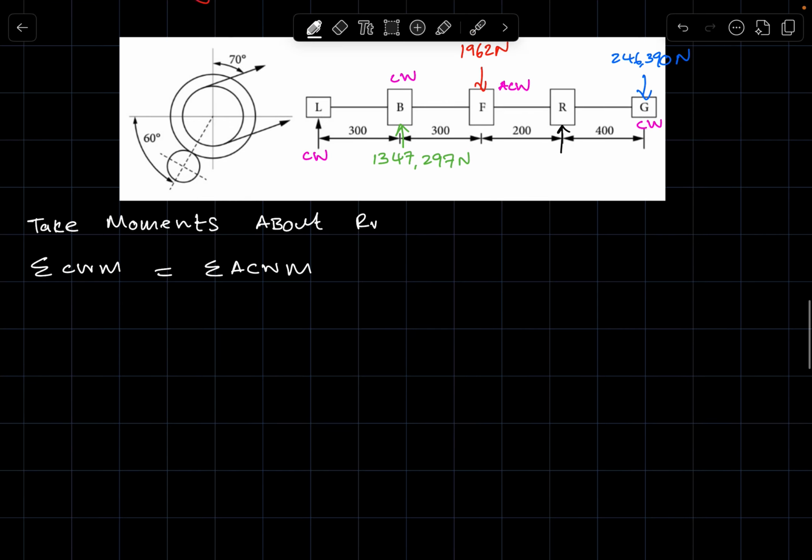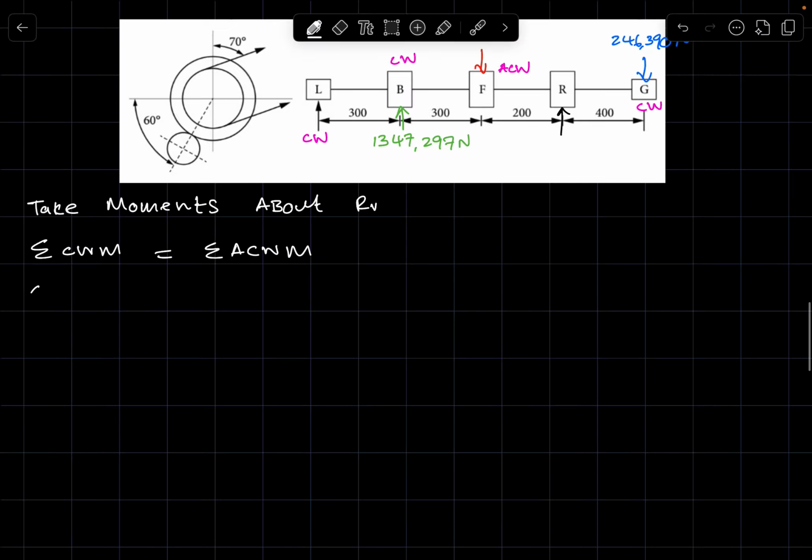So here on the clockwise side of things, we have the left hand bearing times the distance between the left bearing and the right bearing, which is 600 millimeters.